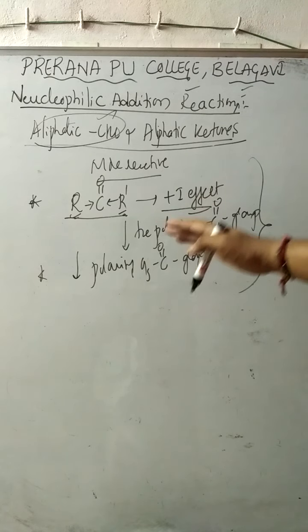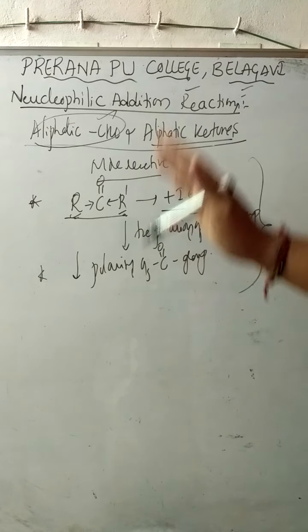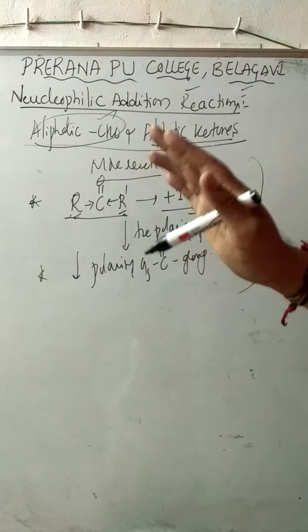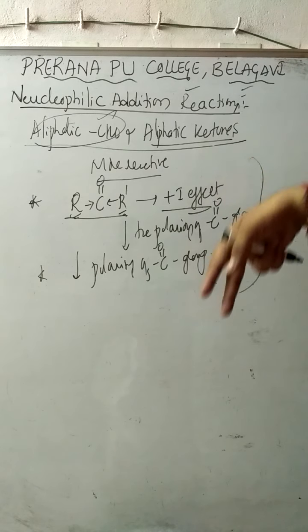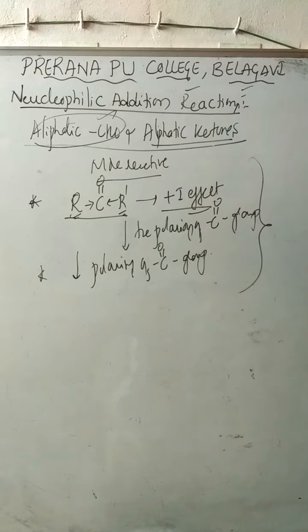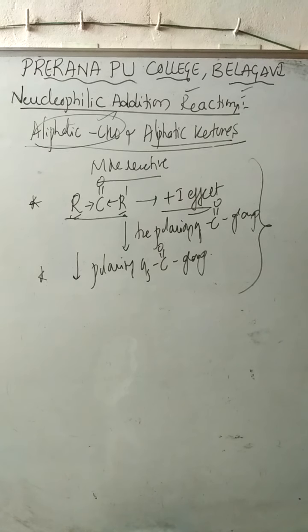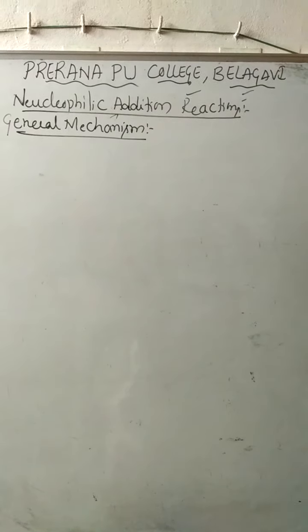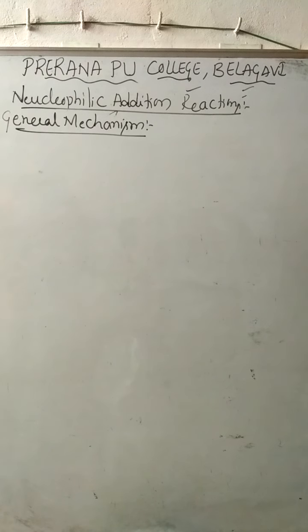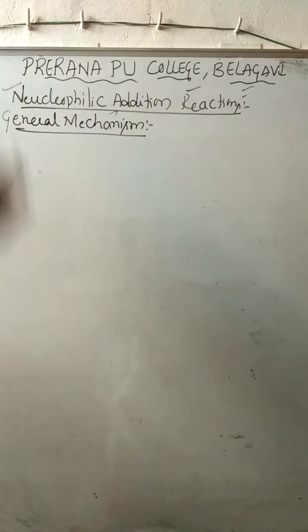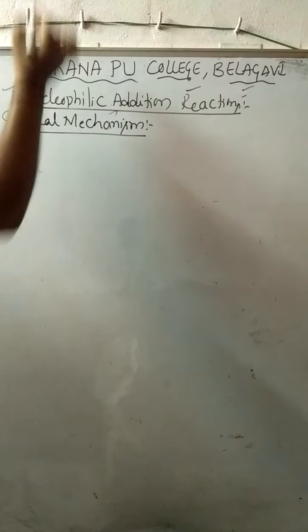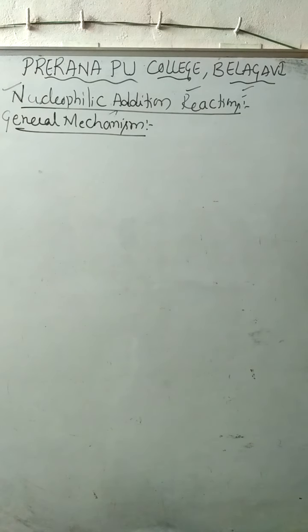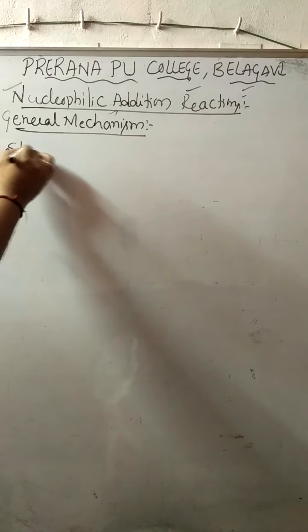So by knowing these reasons, now let us discuss the mechanism of nucleophilic addition reaction and the two different steps involved in this mechanism. The general mechanism for the addition of a nucleophile towards an aldehyde or a ketone takes place in two steps.